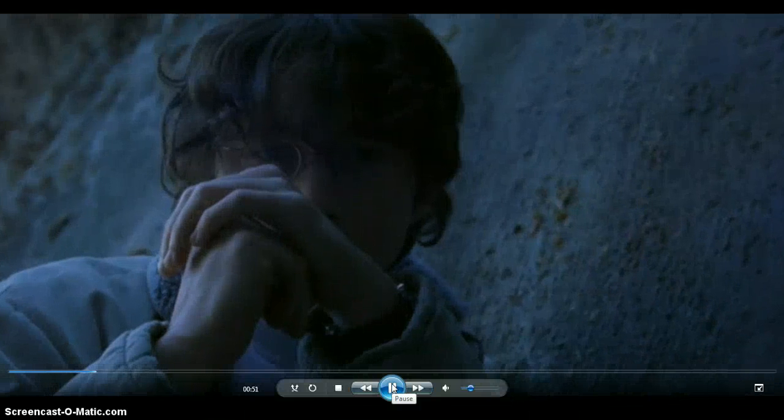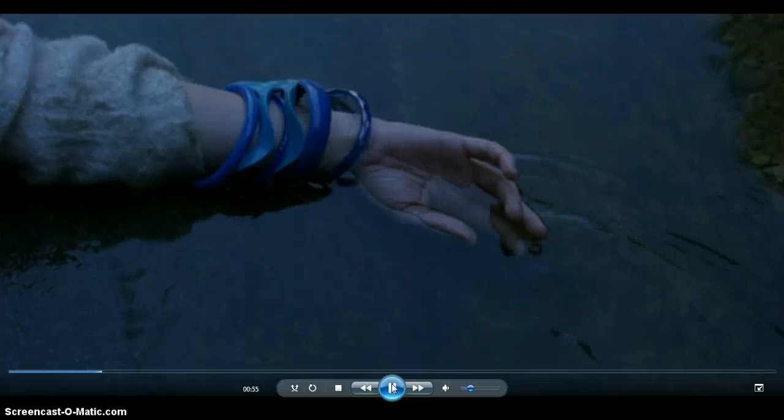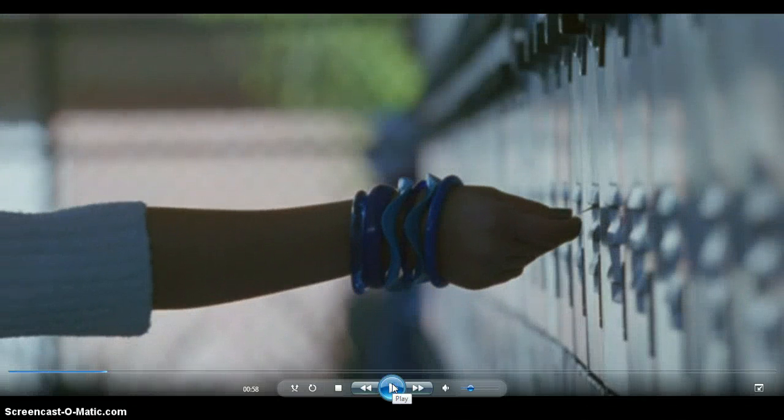In this, we also see the secondary character's traits, such as the armbands, which uses both a graphic match and a sound bridge. The sound bridge being the class bell, which crosses between the two shots, and the graphic match of the arm with the bands.